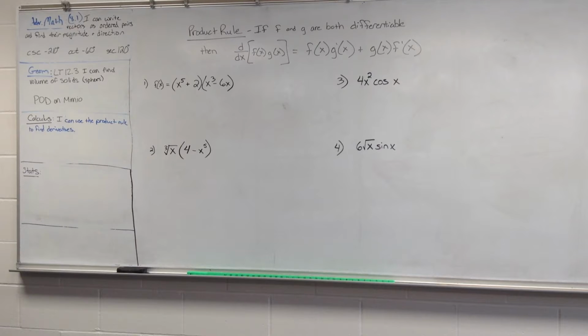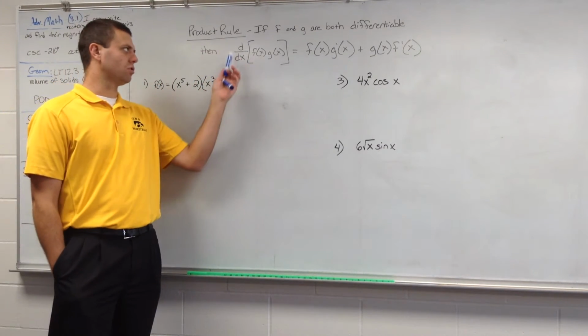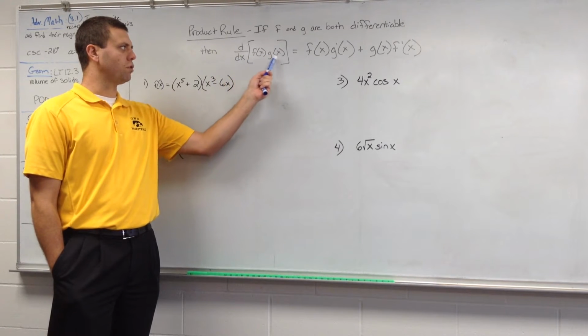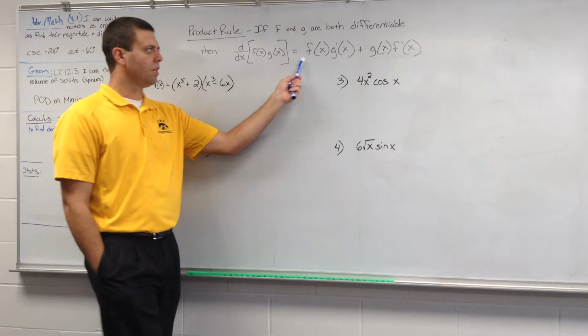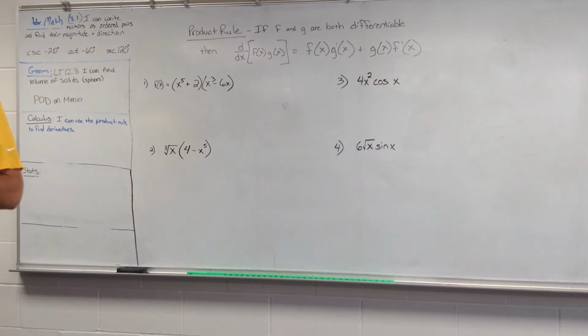You're differentiating with respect to the variable x. That's just the notation you'll see used. If you're taking the derivative of two functions multiplied together, here is our rule. It's a long rule.